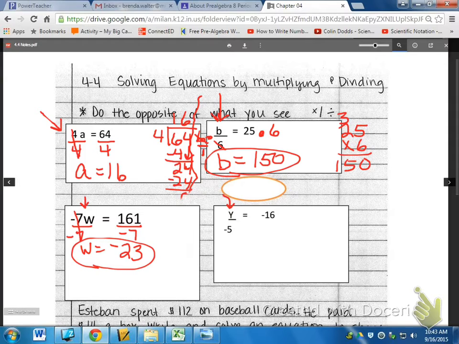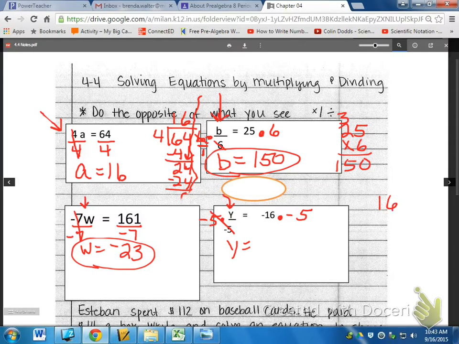We have to multiply because there's division there. And what am I going to multiply by? Negative 5. And when I multiply by negative 5, this one cancels out. And Y equals negative 16 times negative 5.